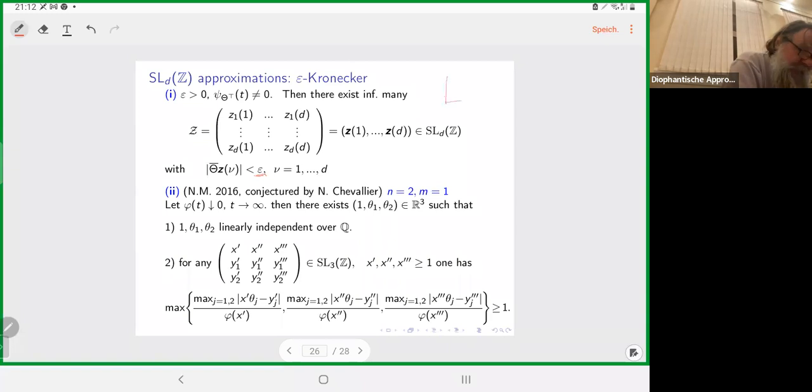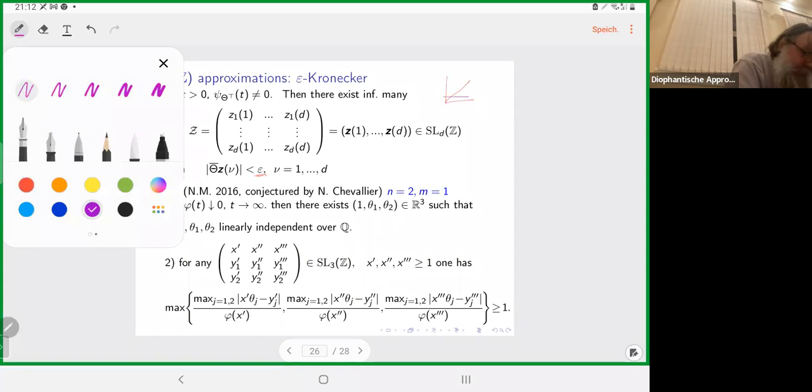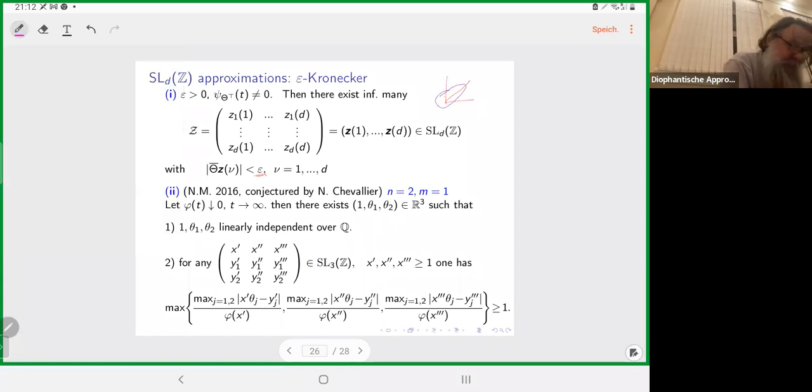So we have a linear subspace, and we need to find a fundamental domain of an integer lattice close to this linear subspace. And what we can do, we can prove that in an epsilon neighborhood of a linear subspace, you can find a fundamental domain. You can find SLNZ approximation.